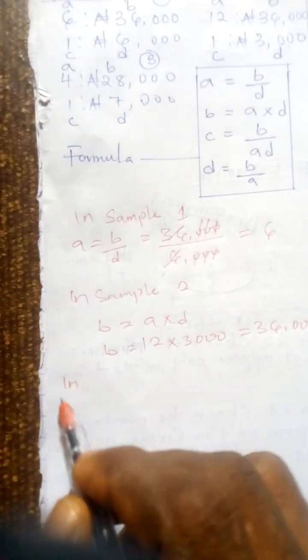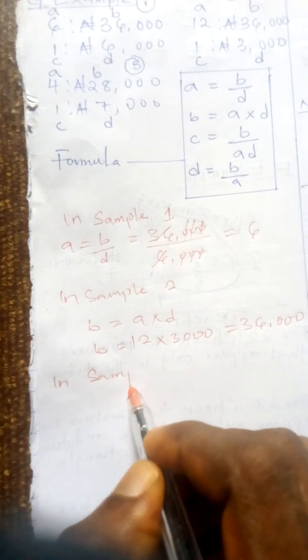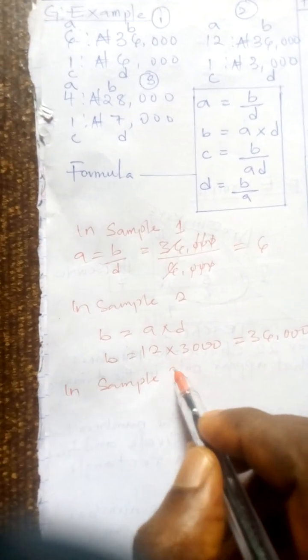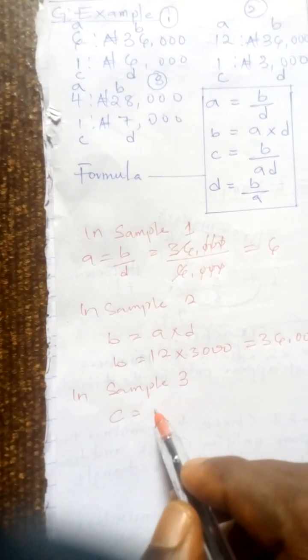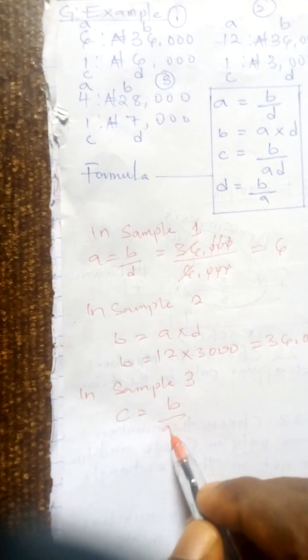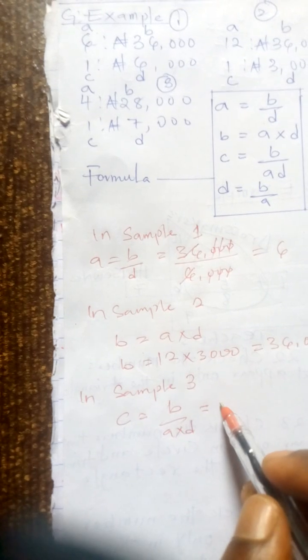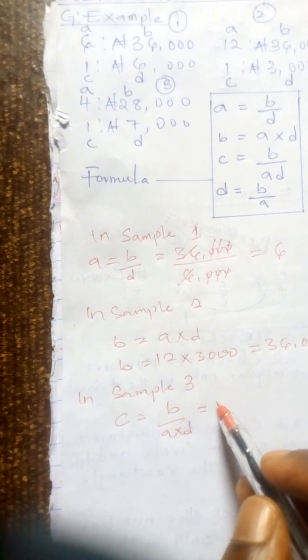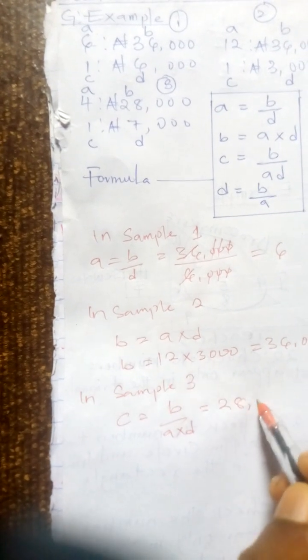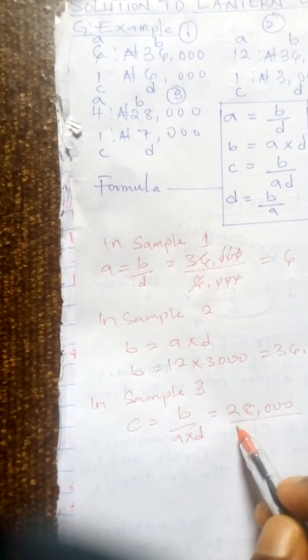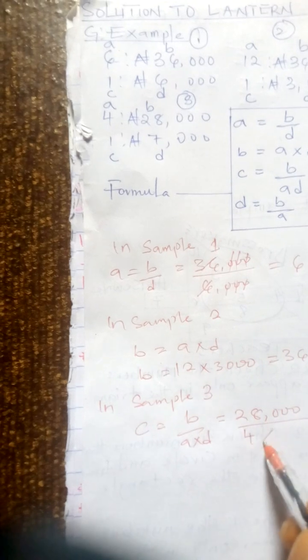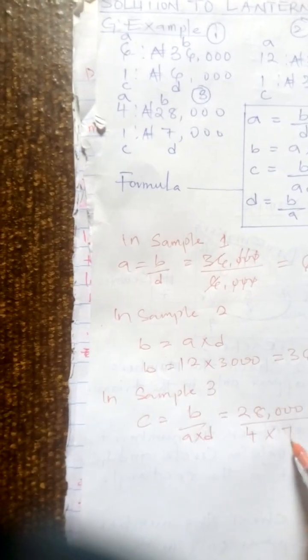Now in sample 3, C is equal to, that's the formula, B over A times D. So in that sample, our B is 28,000 divided by, now our A is 4, so 4 times D, which is 7,000.